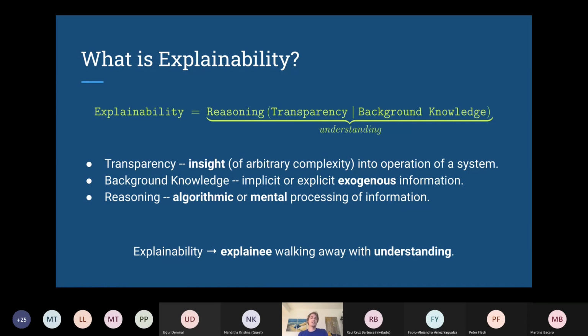And all of this constitutes explainability. And you may have noticed that there is an implied background knowledge here, which pretty much assumes that the explanation is targeted at somebody. So there is a person, an explainee, that should walk away with understanding. We are not producing explanations that go into the limbo. There is a target at whom we are trying to aim these explanations, these insights.